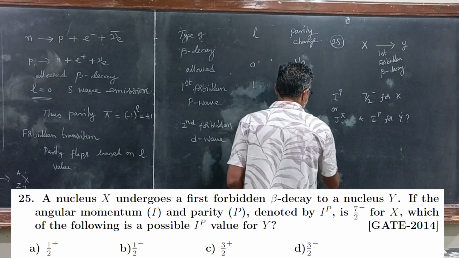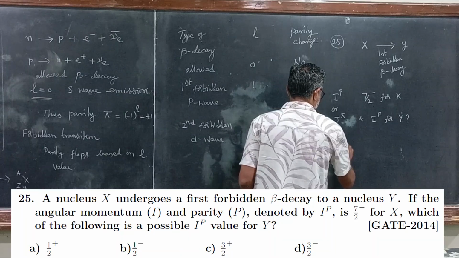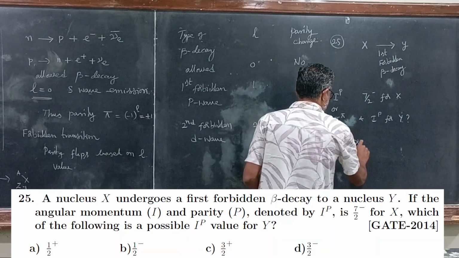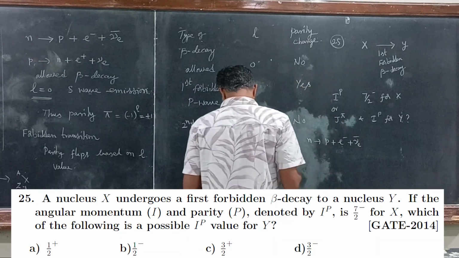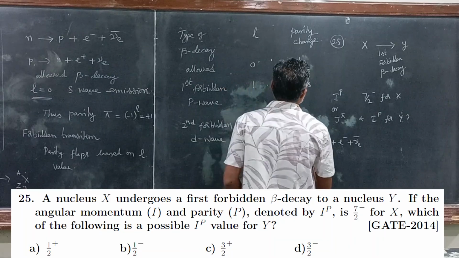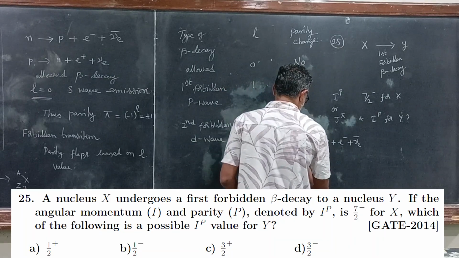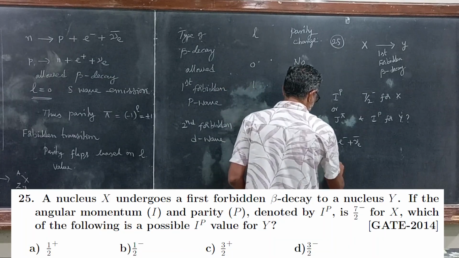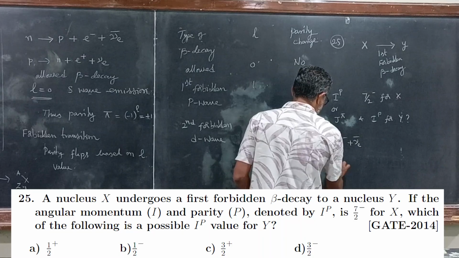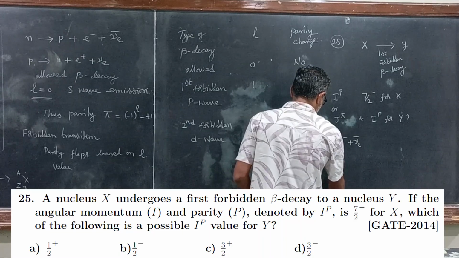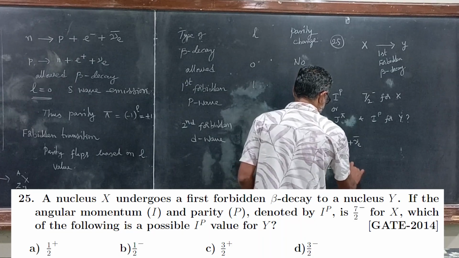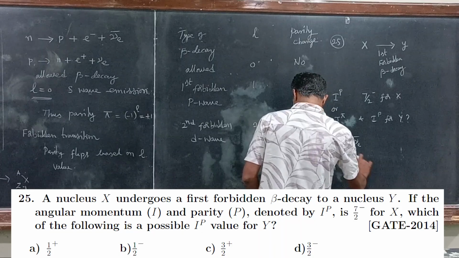So basically the neutron becomes a proton plus an electron plus an antineutrino. This is what happens, and in terms of nuclei, X with Z and A goes to Y with Z plus 1 and A, plus an electron plus an antineutrino.